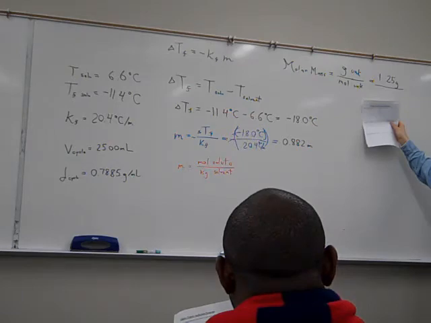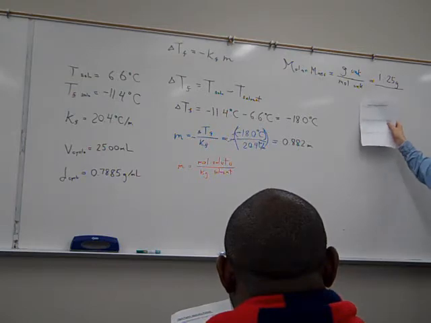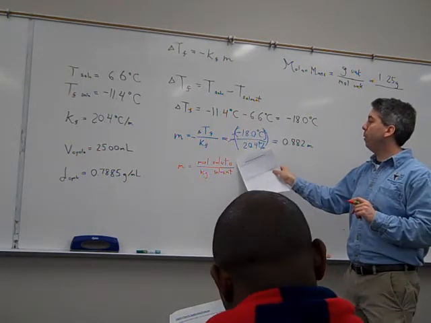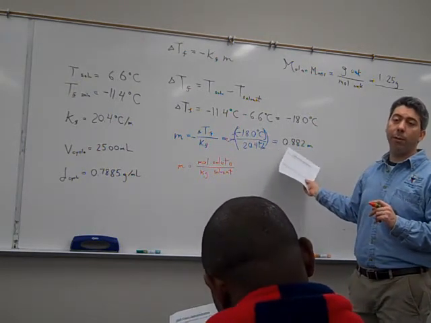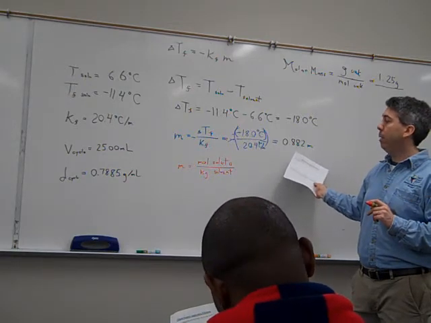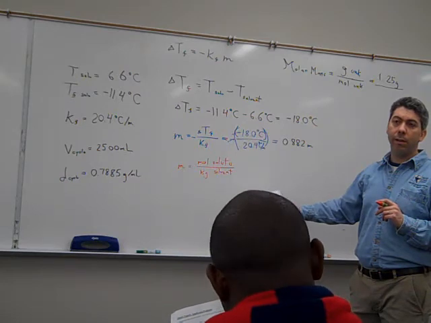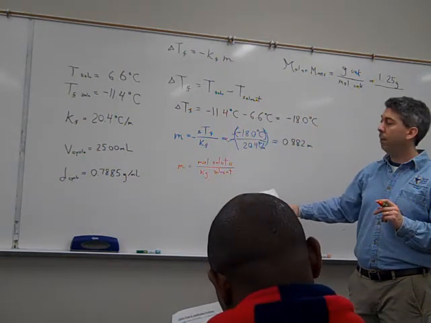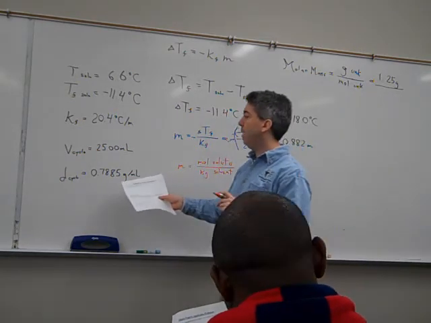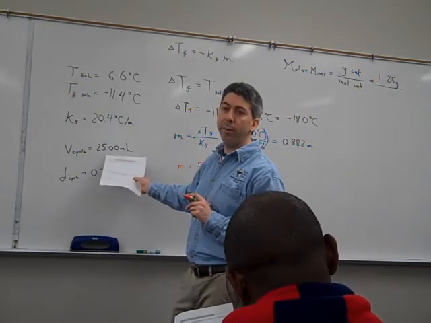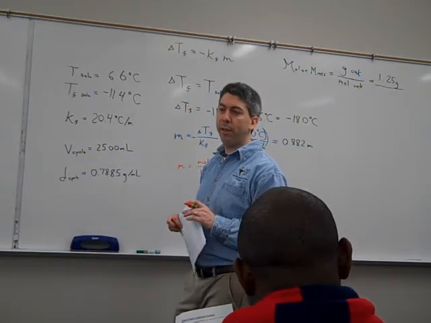The moles of solute, right? Do we have the moles from the molality? Yeah. Do we have the kilograms of solvent? No, but we could, because we have the density of the solvent and we have the volume. We can get the mass of the solvent, can't we?